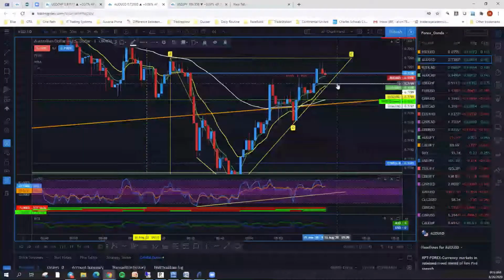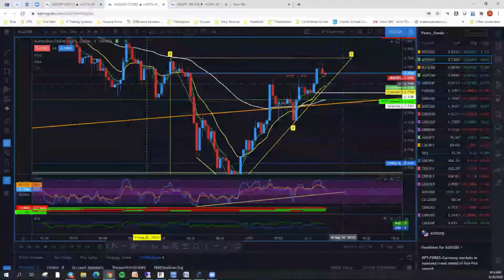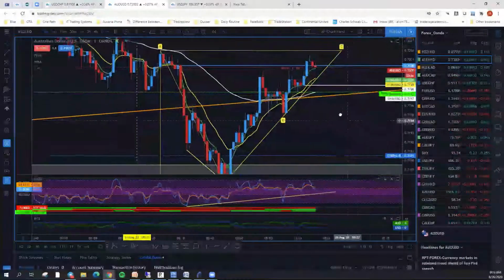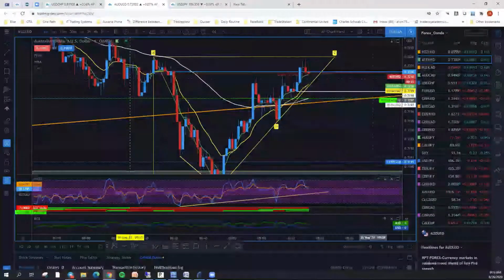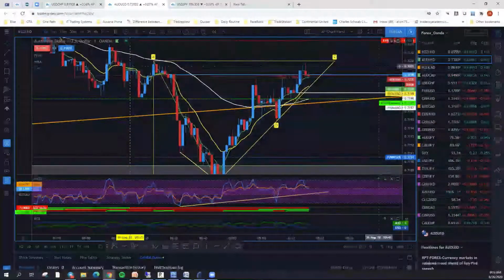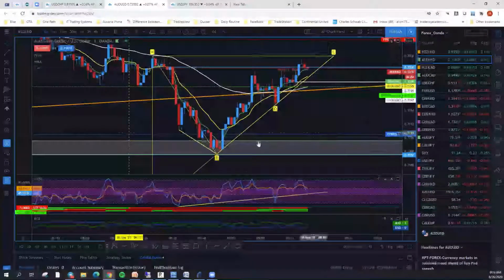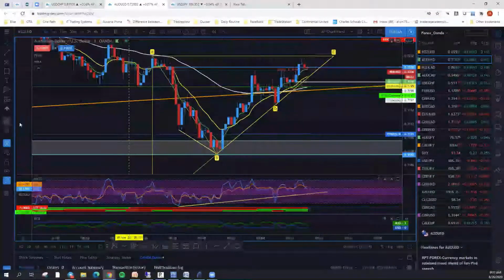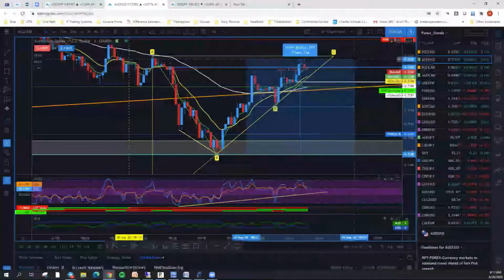Actually, I'll bring it down to one more. It's trading in a fairly tight range right now. Although from this low to here, let's see, what was that? We had 13 pips.